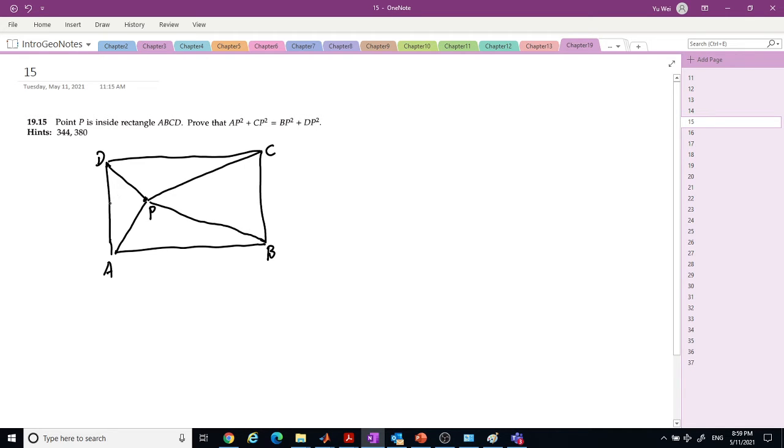Okay, let's do auxiliary lines. Okay, so this one is cutting this into 4 regions.